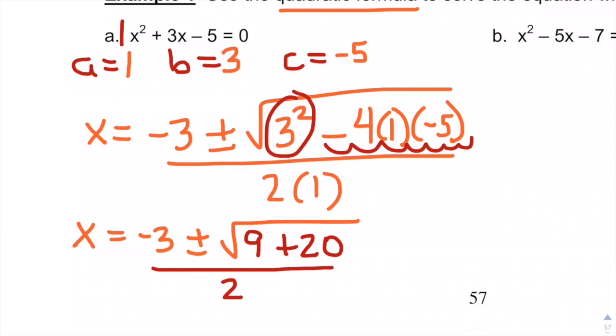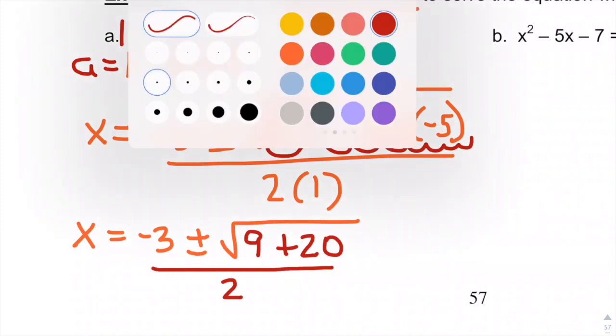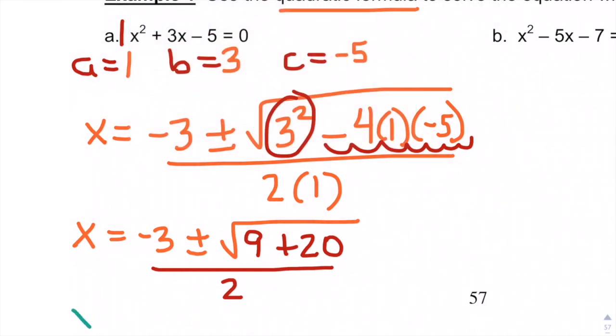So now the second step, continuing, I need to combine those numbers underneath the square root. So x equals negative 3 plus minus the square root of 9 plus 20, which makes 29, and then it's divided by 2. The last part is the simplifying part.